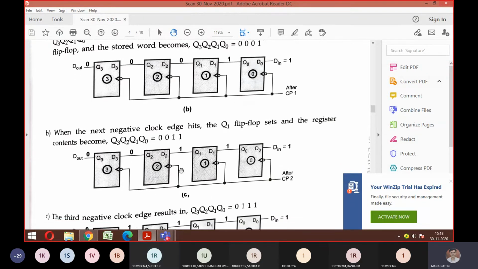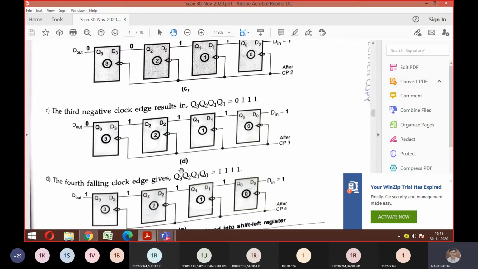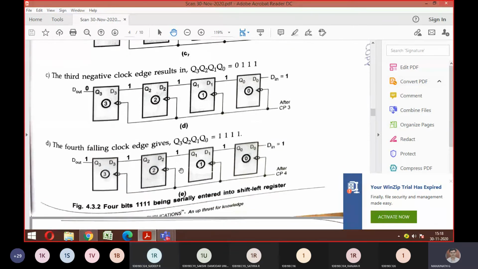And after the fourth pulse you are going to get the final output 1111. This is what we are expecting at the end. Serially you sent 1111 and serially only you got the output also 1111 using the left shift register concept. Everyone understood? Understood, sir. Is it fine till here? Yes, sir.